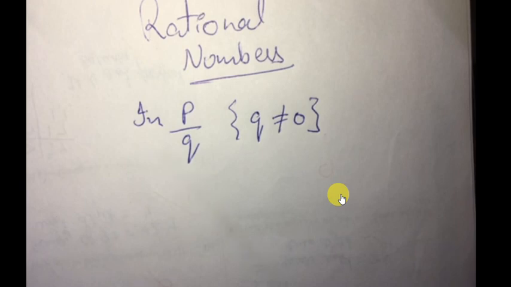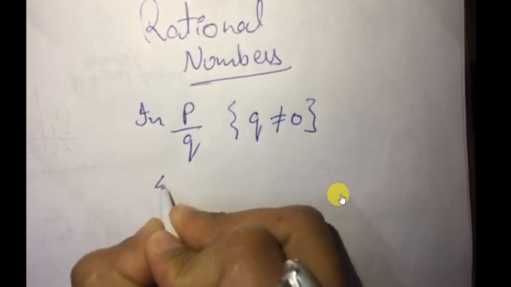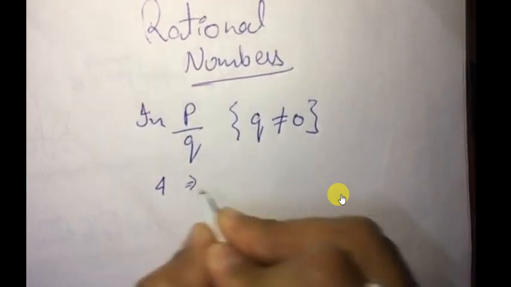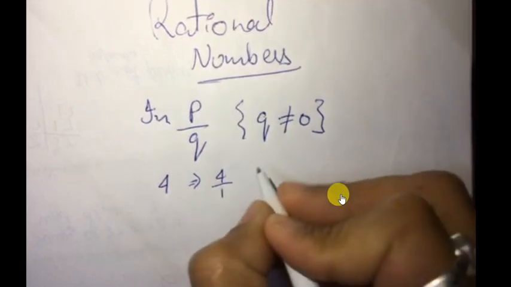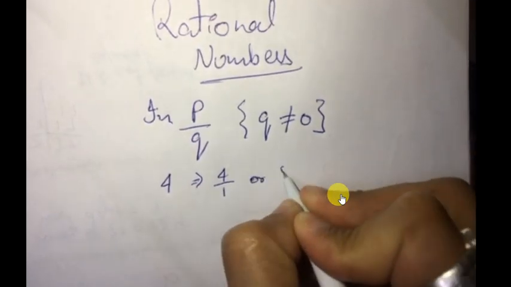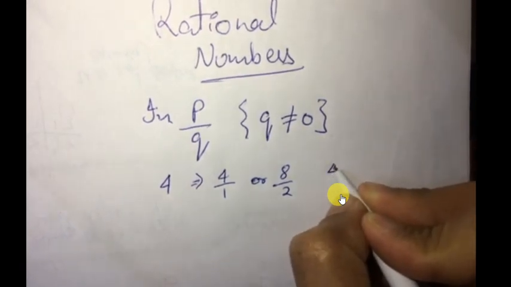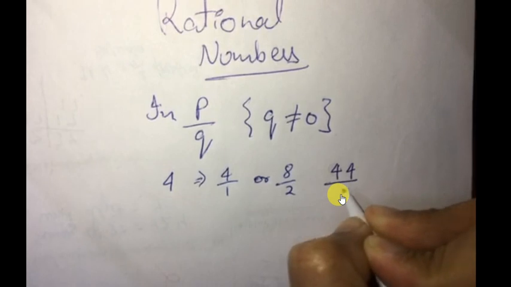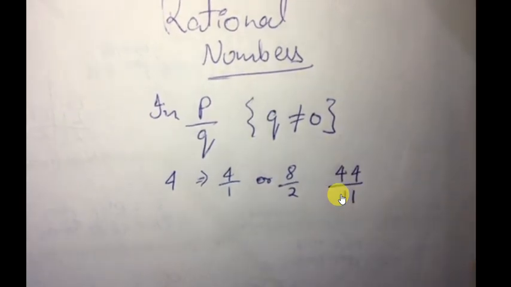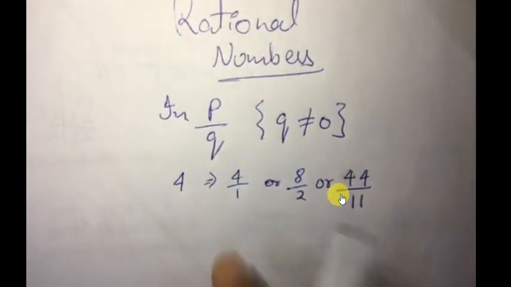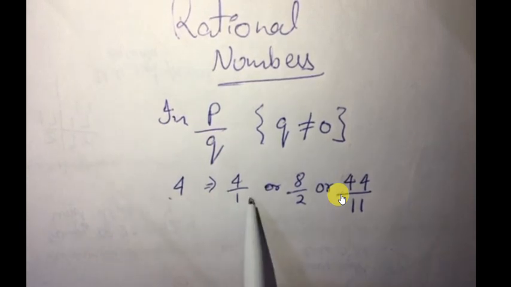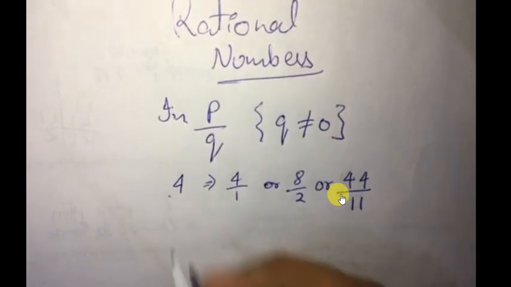You cannot convert rational numbers into integers, but yes, you can convert integers into rational numbers, whether they are positive or negative. If they are positive, let's say 4, you can write 4 as 4 by 1, or 8 by 2, or 44 by 11. This integer 4 can be converted into rational number form.